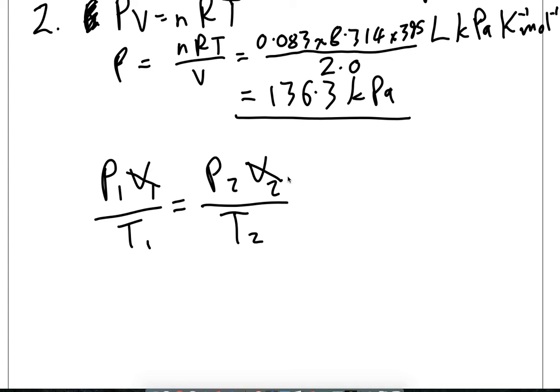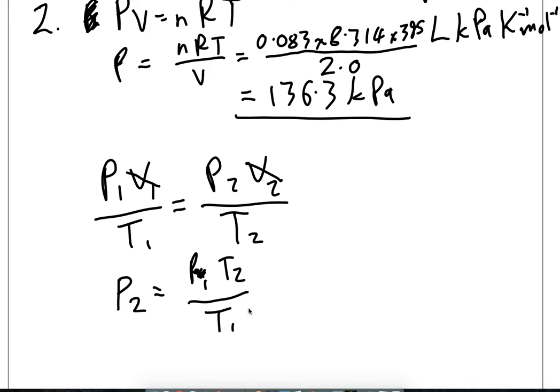So let's rearrange and make P2 the subject. We're interested in the pressure at time 2 after we change the temperature. So that's going to be P2 = P1 times T2 over T1.